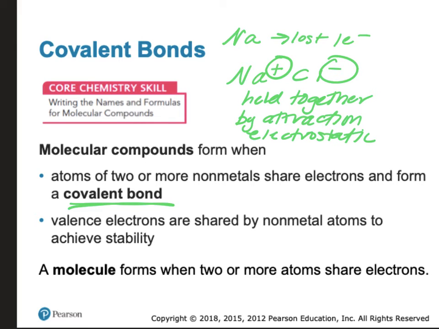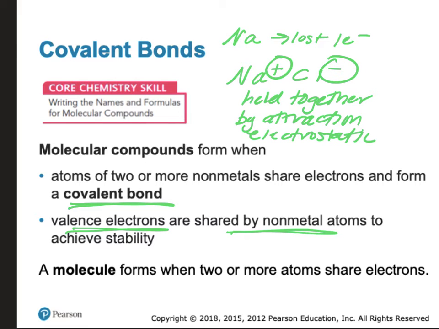Instead of losing an electron or gaining an electron, these valence electrons are going to be shared, and they're going to be shared by non-metal atoms to achieve stability. So again, I just want you to recall, when you had the metals and the non-metals that would either form a cation in the case of a metal and an anion in the case of a non-metal, they were actually losing valence electrons or gaining valence electrons to achieve noble gas configuration, which was stable.